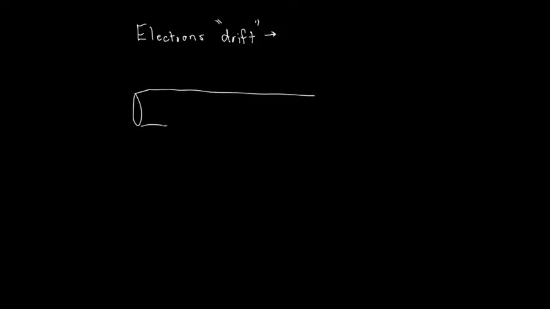And electrons, they don't just flow, they don't just move randomly. The electrons, they actually drift. So when electrons are flowing, they are drifting in the direction that they're moving. Okay. So if we draw a wire and we put electrons inside of this wire, these electrons are bouncing all over the place.